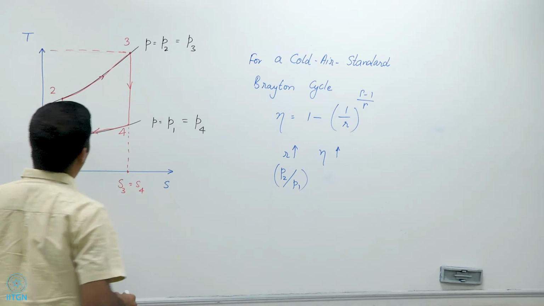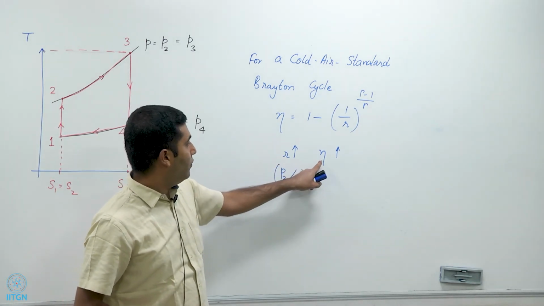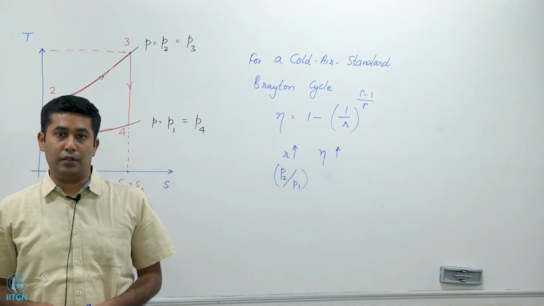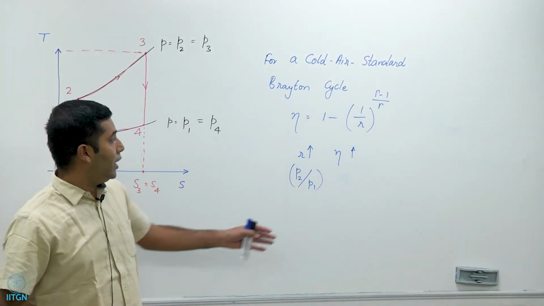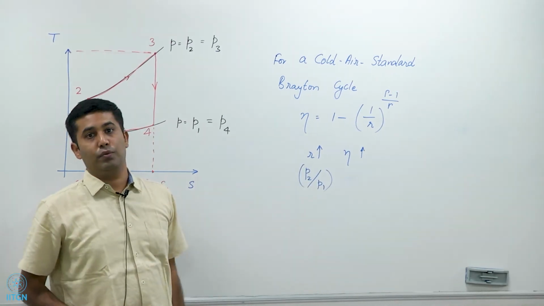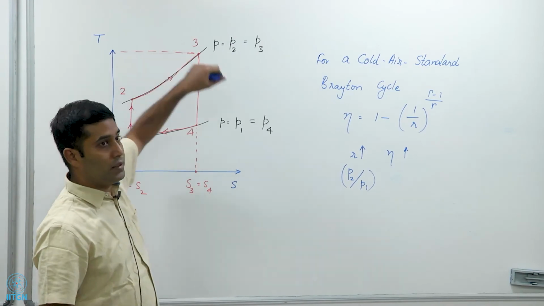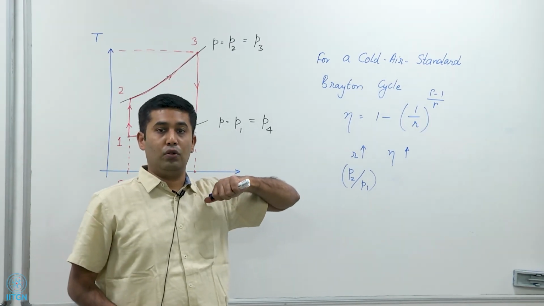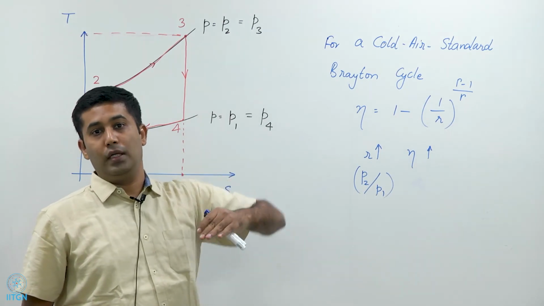So, although higher and higher pressure ratios will theoretically give higher efficiencies, it is not always possible to have extremely high pressure ratios, because then it would result in hitting this temperature limit very early, and so therefore, the efficiency then will actually come down.